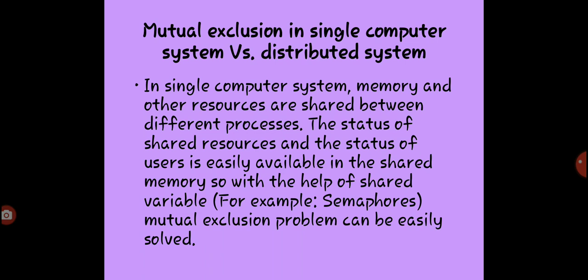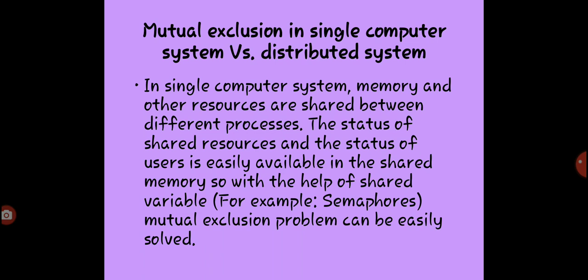Now, mutual exclusion in a single computer versus a distributed system. A single computer is normally a personal computer. In a personal computer, the resources like memory and I/O devices are shared between different processes.